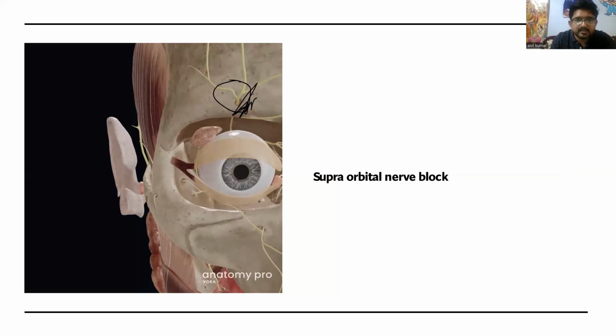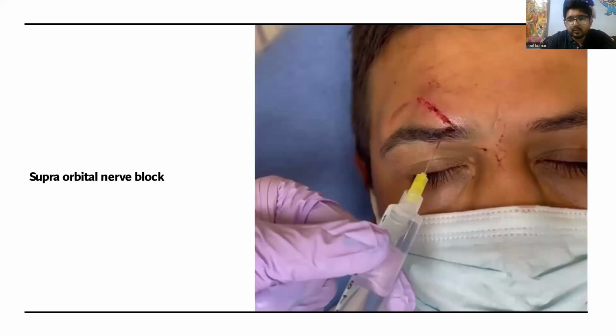Around 2 to 3 ml is enough to block the supraorbital nerve. Here we are injecting around 2 to 3 ml of local anesthetic 1 centimeter medial to the supraorbital notch, which can anesthetize the supraorbital nerve.